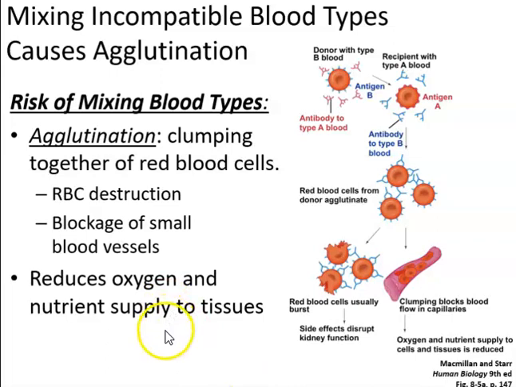So agglutination can cause red blood cell destruction, blockage of small blood vessels, and will reduce oxygen and nutrient supply to tissues.